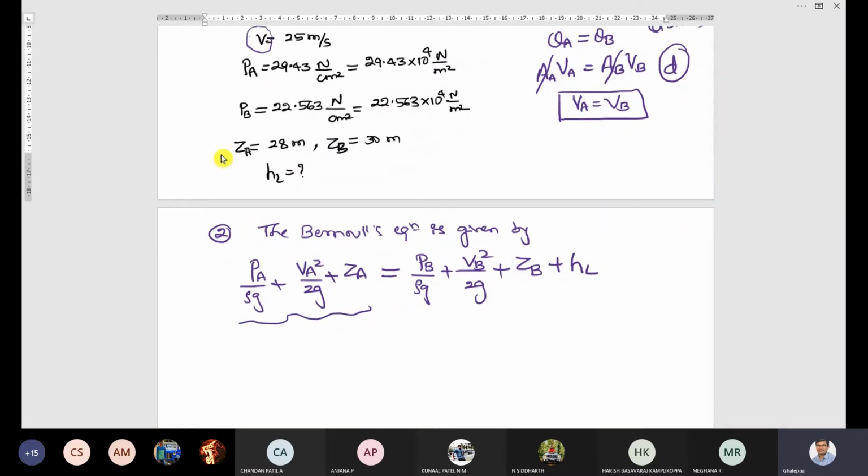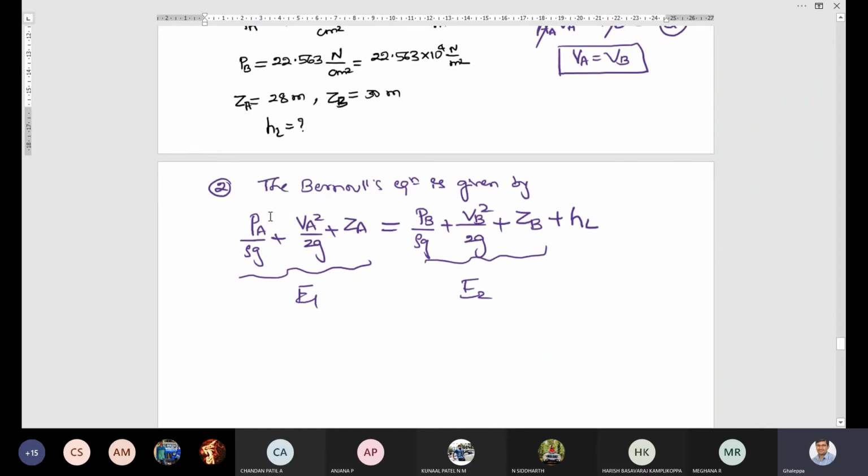So now we will do it a different way today. I will take this as E1, because we have not applied such a method. The same method gives the same value compared to the previous numerical. E1 is PA by rho g plus VA square by 2g plus ZA. So I will substitute the value of PA.